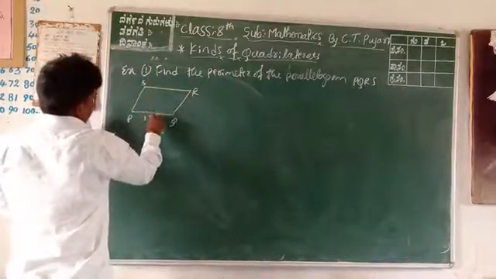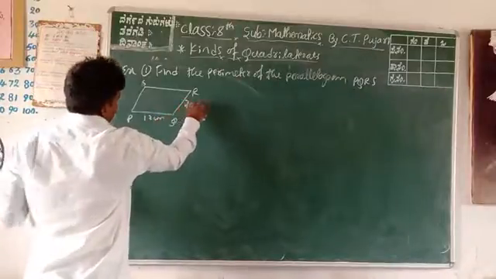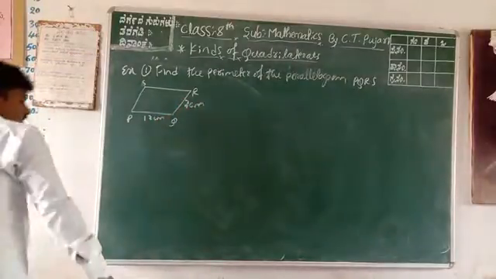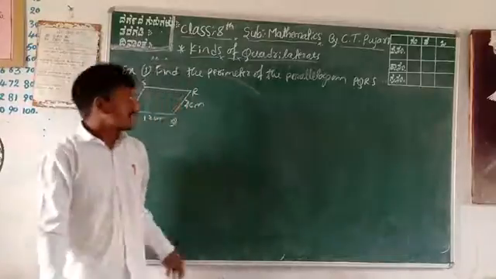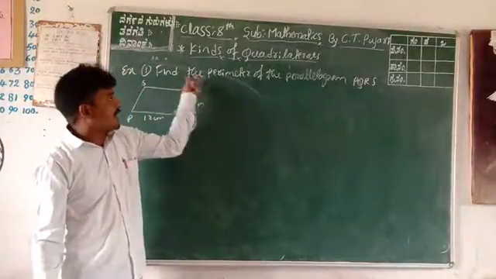One side is 12 centimeter, another side is 7 centimeter. Find the perimeter. Therefore, the question is to find the perimeter.